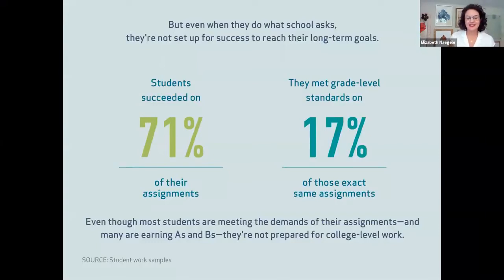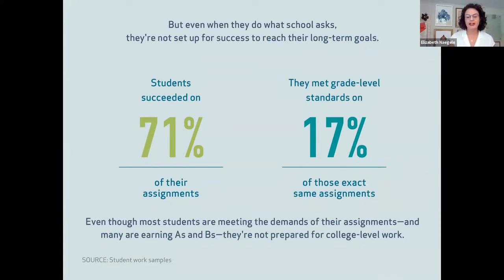Krista also shared this slide with you in the opportunity myth session, and I wanted to revisit it before we dig into the meat of the science tool. This is a refresher of some of the data from the opportunity myth. In the assignments that were evaluated, students were successful on 71% of their assignments, meaning that 71% of the time, students got an 80% or better on the assignment the teacher gave them.